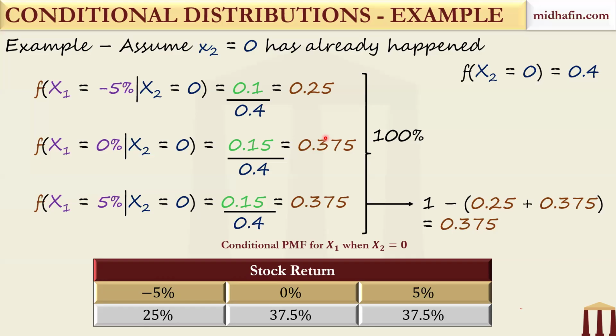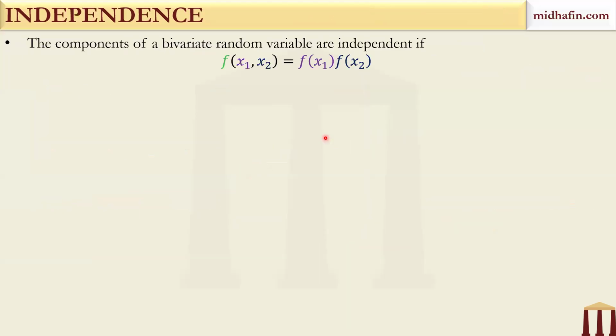Now come to independence. So again, this notation is not required to remember at all. It's exactly the same as this. If two events A and B are independent, P(A intersection B) is equal to P(A) times P(B).